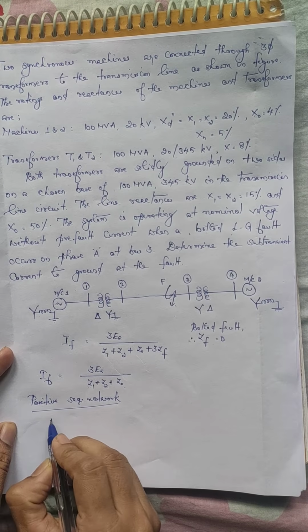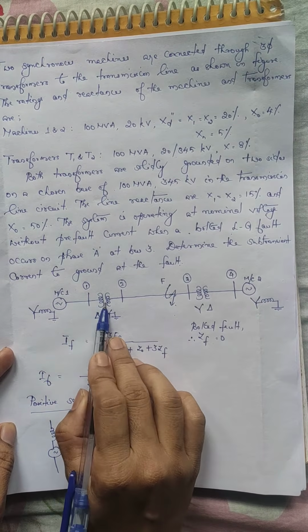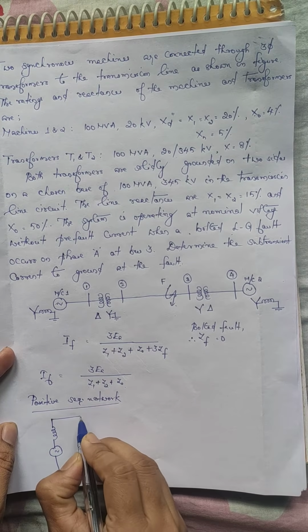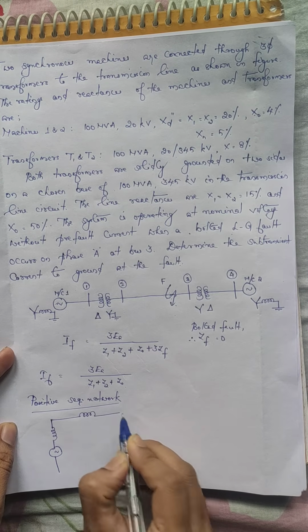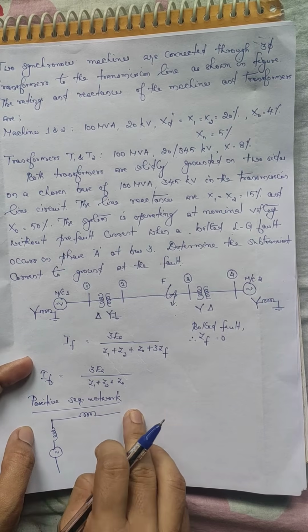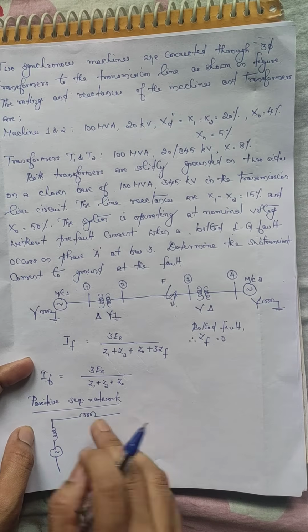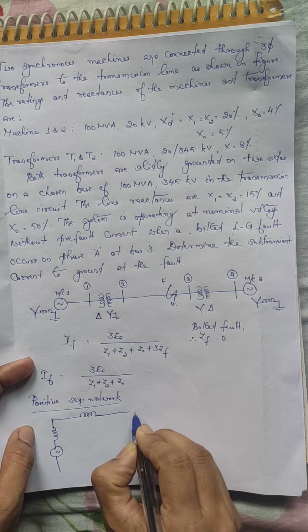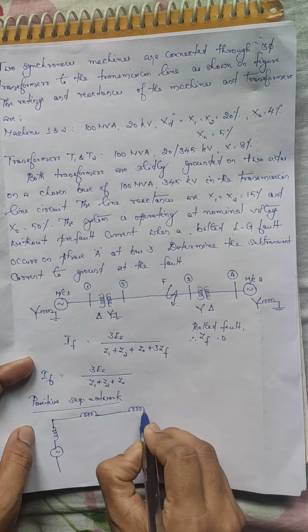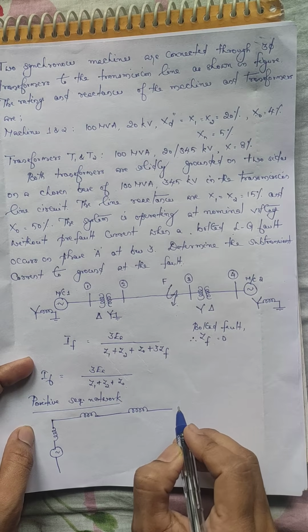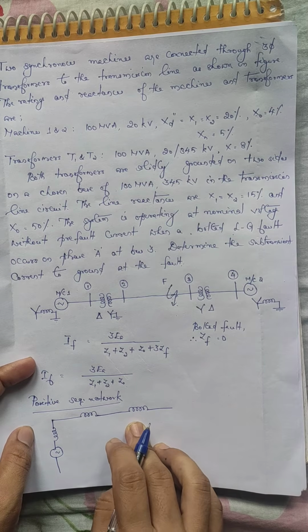Now that of the transformer will have a series reactance only, which is the positive sequence reactance of the transformer. Then the transmission line is also represented as a series reactance in its sequence network.